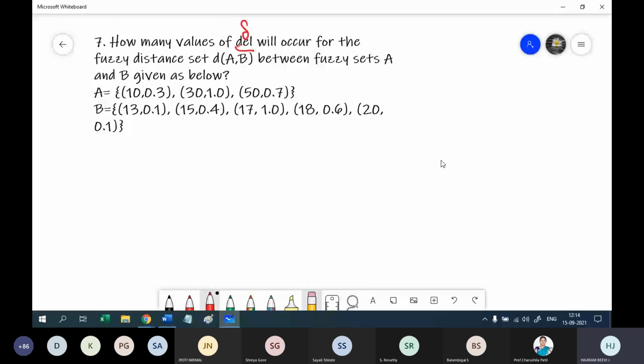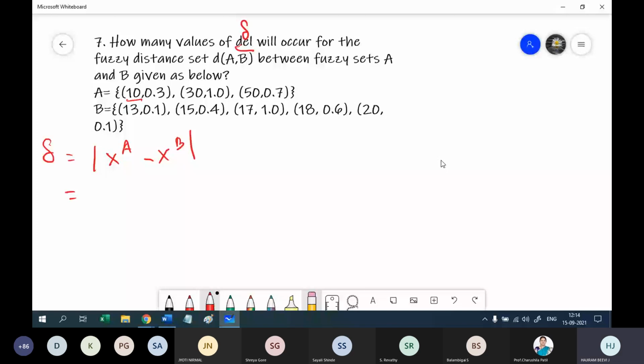So what is the formula for calculating the del value? X_A minus X_B, for all X_A, X_B belonging to X, with membership function of A and membership function of B. So we have to take the distance of one point to each and every point in the other set. First, 10: we have to take the difference with 13, 15, 17, 18 and 20.